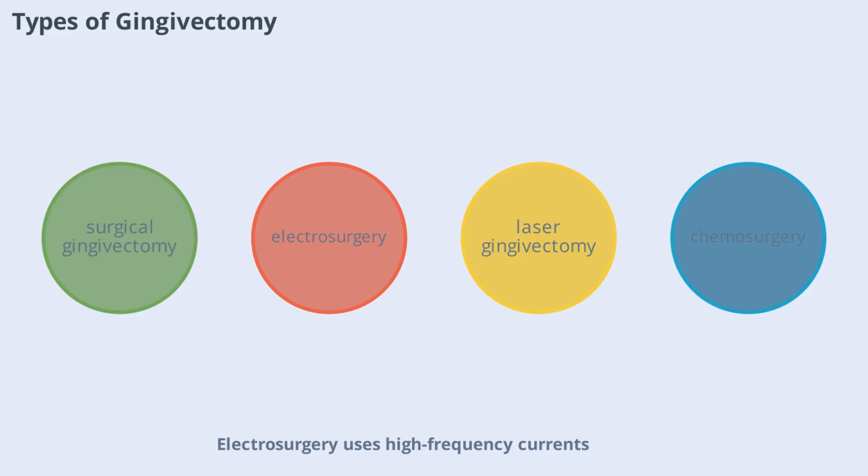Electrosurgery uses high-frequency currents, while laser gingivectomy employs CO2 or Nd:YAG lasers. Chemosurgery utilizes chemicals like paraformaldehyde or potassium hydroxide. Understanding these types helps clinicians choose the most appropriate technique for each patient.